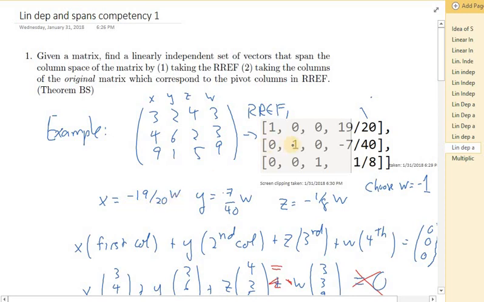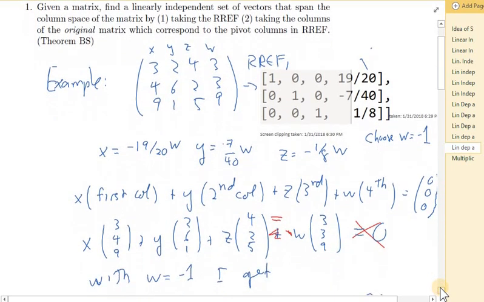Second equation tells me y minus 7/40 w is equal to 0. So that gives me y equals 7/40 w. Similarly, last one gives me z equals minus 1/8 w. Now I can choose w equal minus 1. The reason for that choice you'll see later, and that's the choice that we're always going to make.